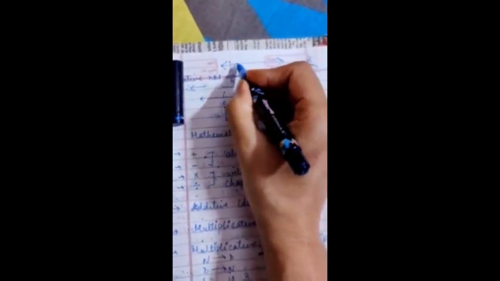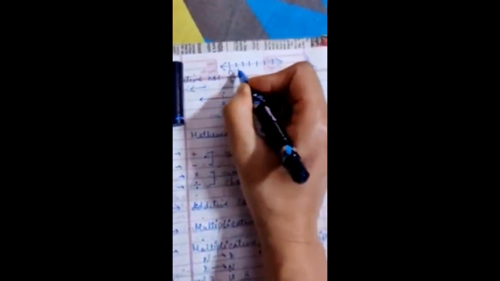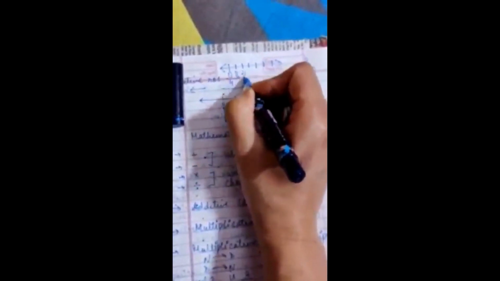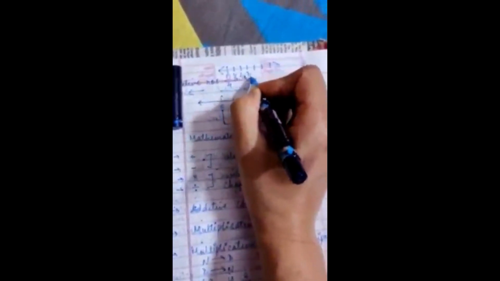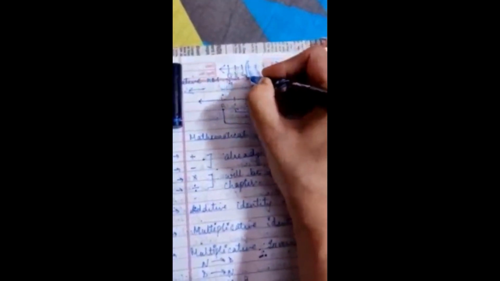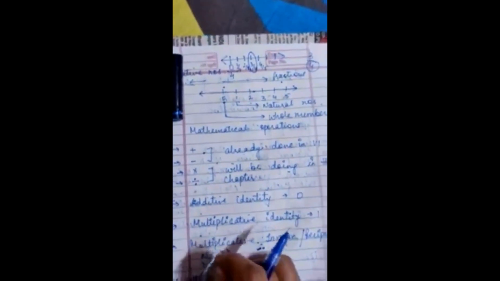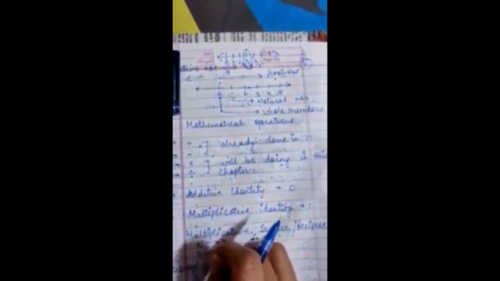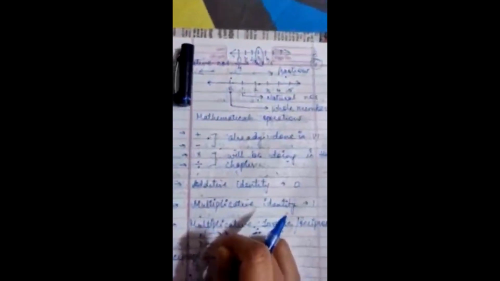Now all these marks should be at equal distance. I'll start writing 1 by 4, 2 by 4, 3 by 4, 4 by 4, like this. There can be infinite numbers on this number line. So if I have to show 3 by 4, this is 3 by 4. This way I can show any number on the number line.